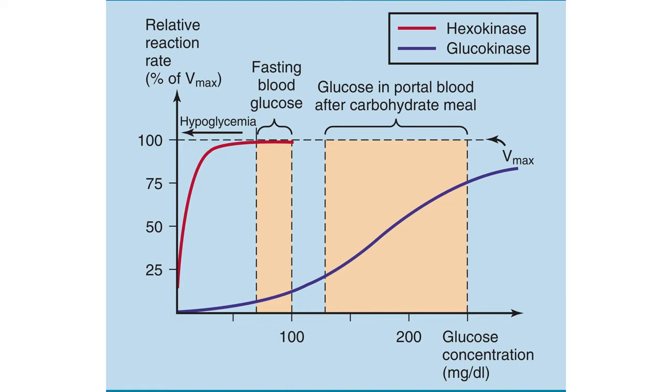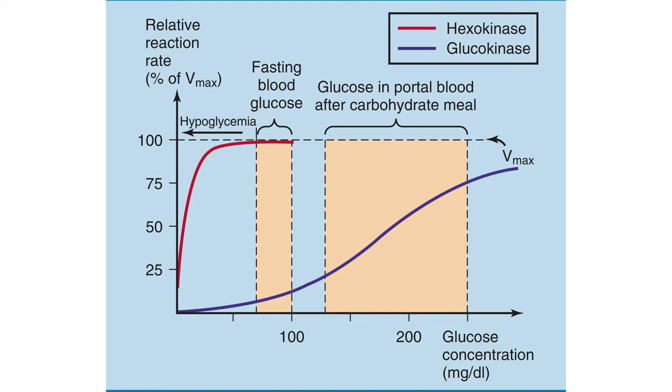Glucokinase will only be active at higher levels of glucose, which is what happens after you have eaten your meal. So, what does that tell us? Glucokinase, which is found in the liver, will only be active and will only trap glucose whenever the blood that reaches the liver has high levels of glucose, which only happens after a meal.